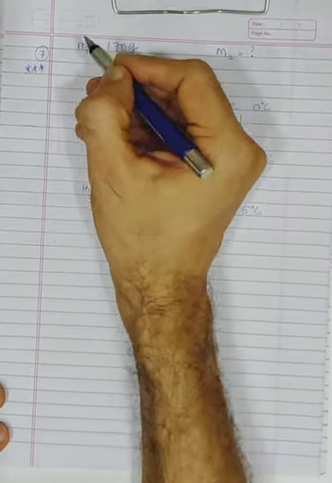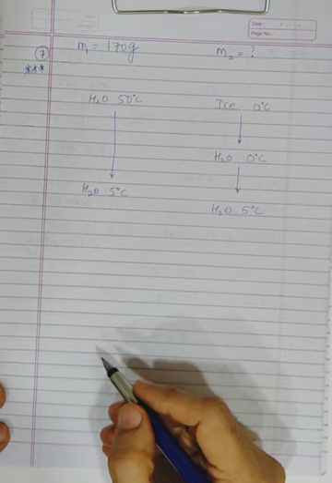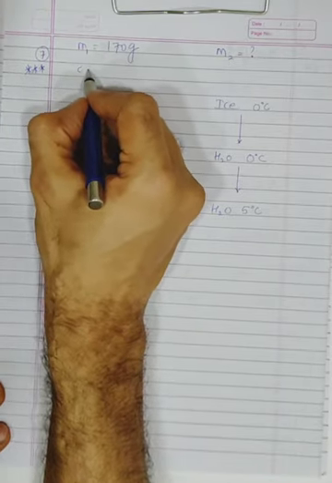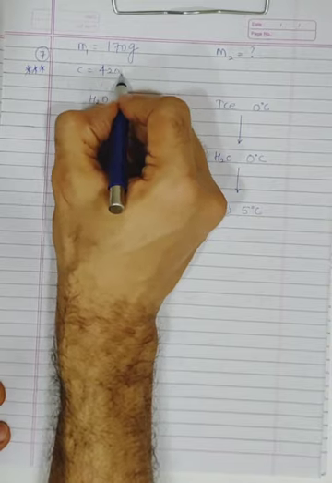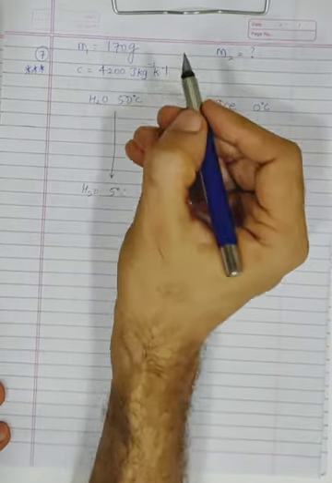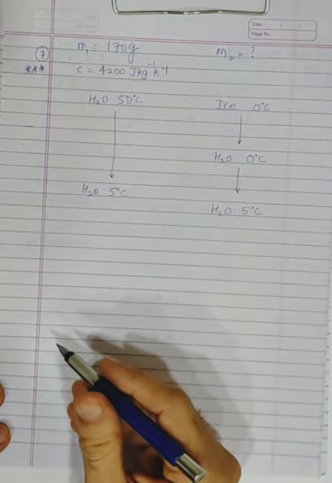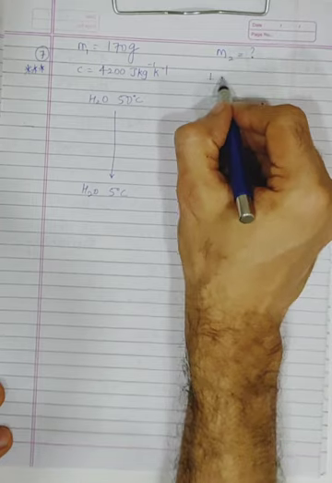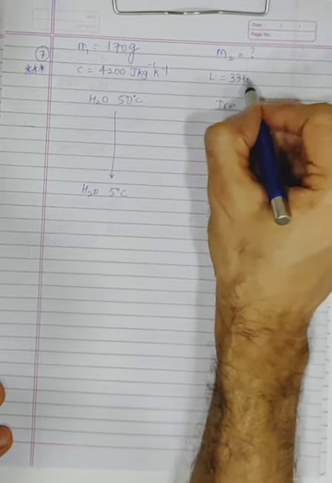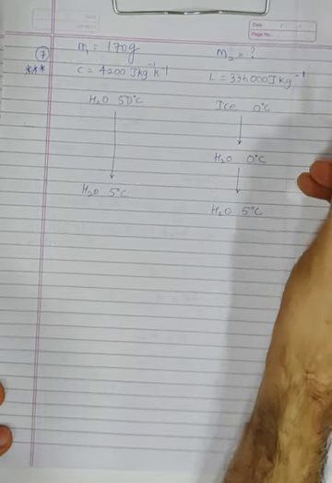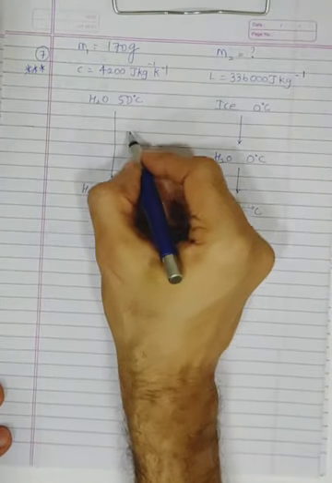Okay. Specific heat of water, C, is 4200 joule per kg per Kelvin. And the latent heat of ice, L, is 336,000 joule per kg. So basically you have to do what?